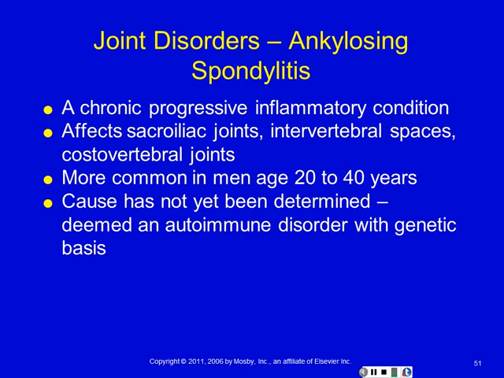They get locked together. It's common in men aged 20 to 40, so this affects fairly young people. It's deforming, and it can dramatically limit patients' range of motion. We think it's an autoimmune disorder that has a genetic foundation, but we're not sure.